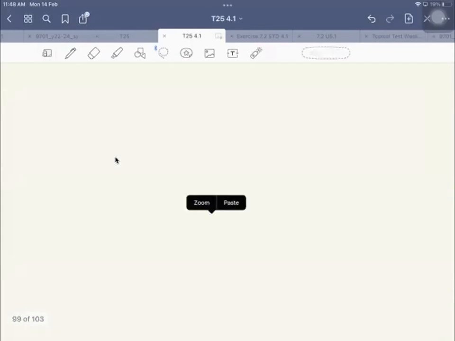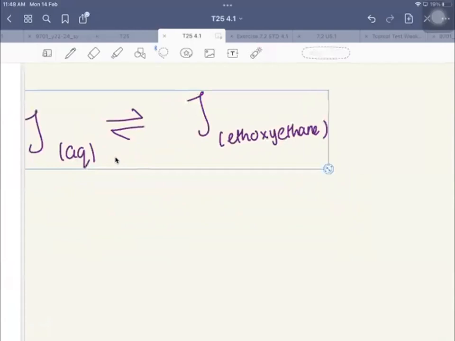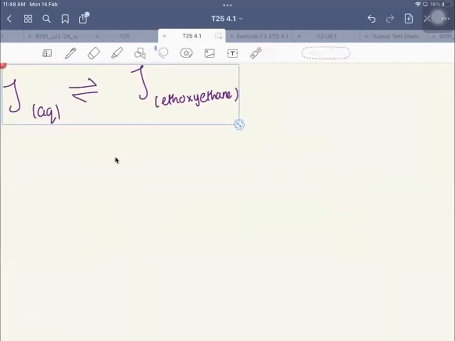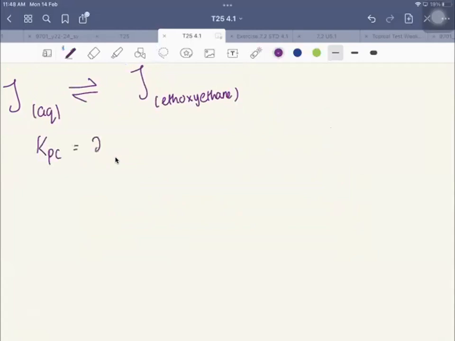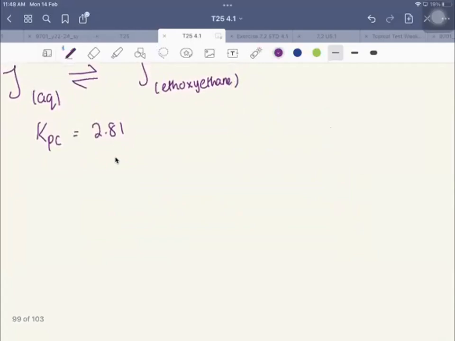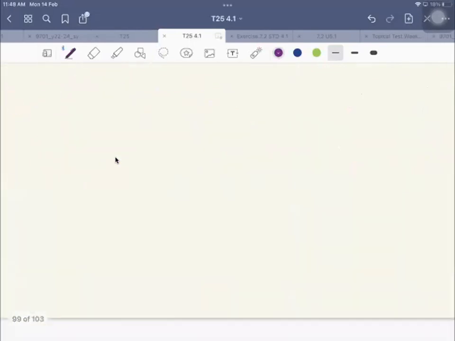Here. Okay, and for this equilibrium, I know that the KPC is equals to 2.81. Okay, now I move on to the new experiment where I have a new separating funnel.